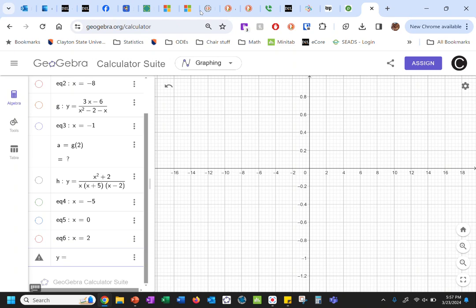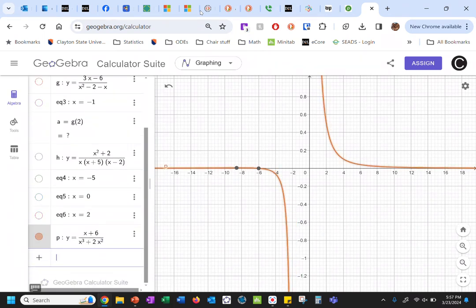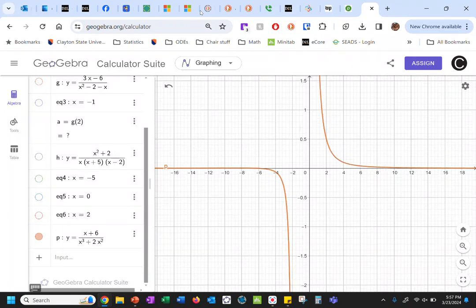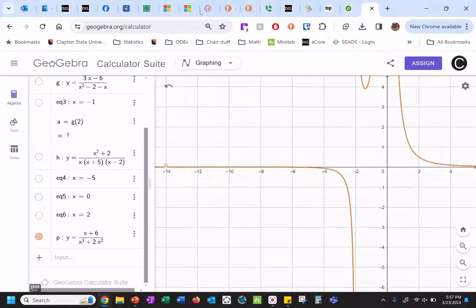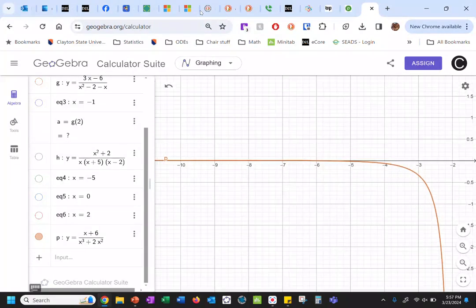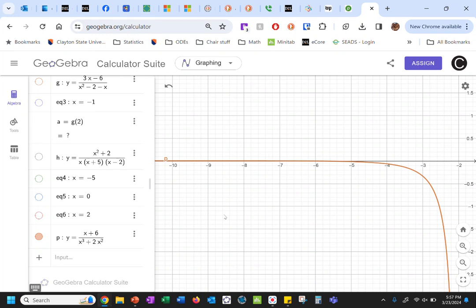Y equals x plus 6 over x cubed plus 2x squared. First off, there's the part in the middle between -2 and 0 on the x-axis. There it is, we see that. And here, we know that it crosses at -6.